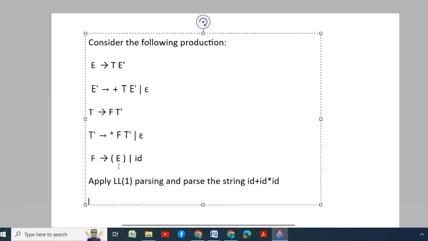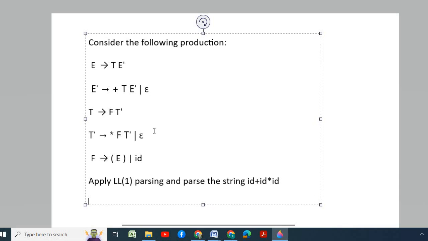Here the E is given within parentheses. Sorry, it's not a brace, it's parenthesis. We have to apply the LL(1) parsing technique and check whether the given production is LL(1). If so, we have to parse the string id + id * id.